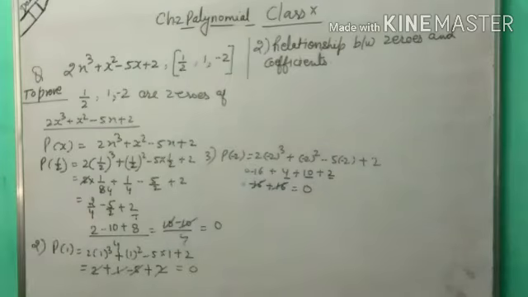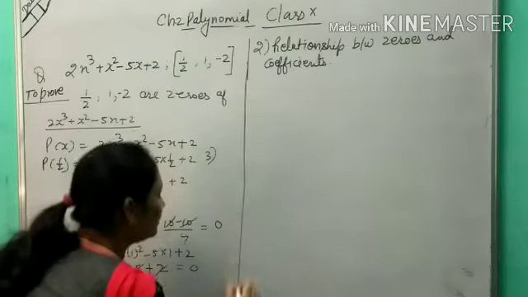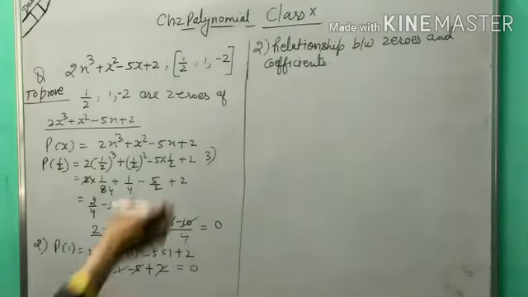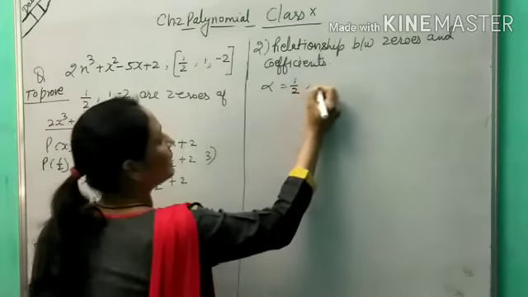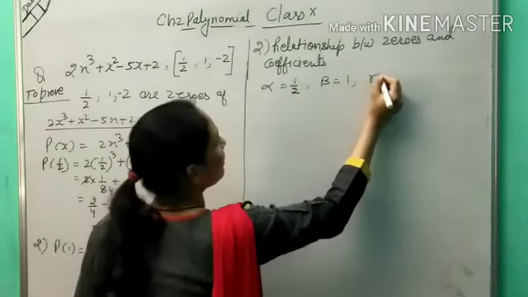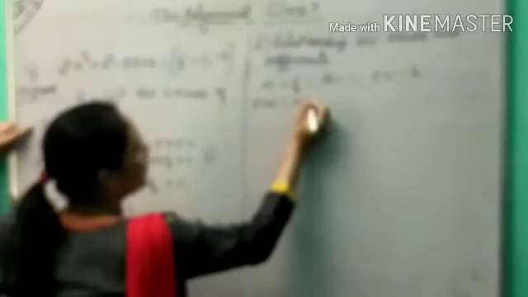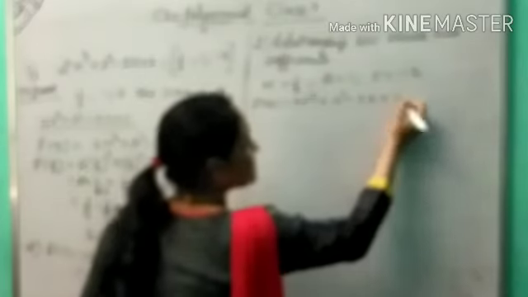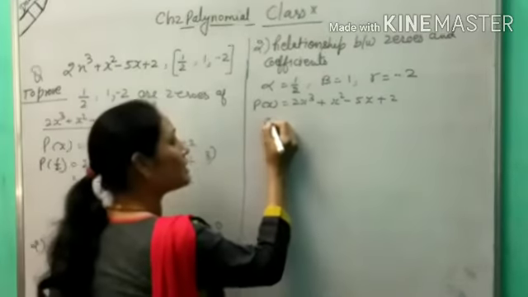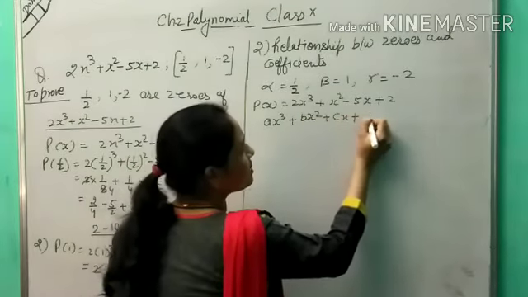Now we need to find the relationship between zeros and the coefficients. So these are the zeros: alpha is equal to 1 upon 2, beta is equal to 1, and gamma is equal to minus 2. And what polynomial do we have? p(x) is equal to 2x cube plus x square minus 5x plus 2, and the standard form of a cubic polynomial is ax cube plus bx square plus cx plus d.